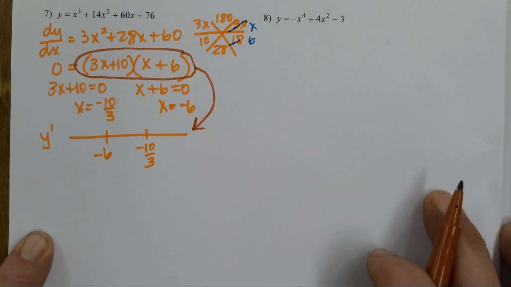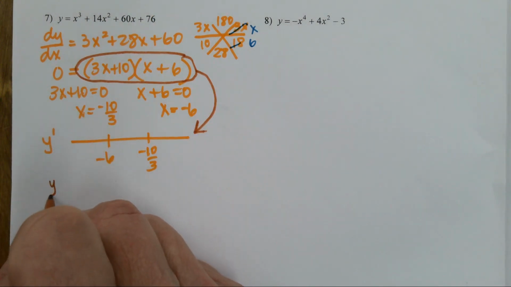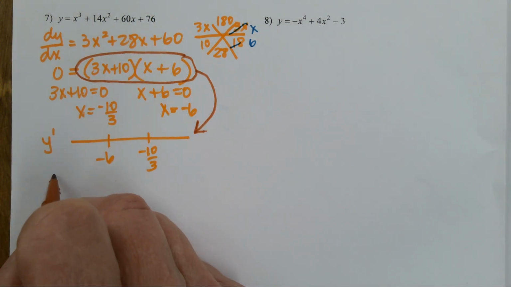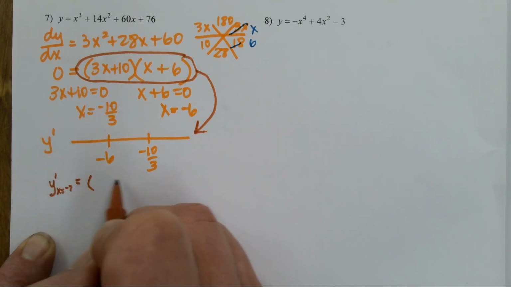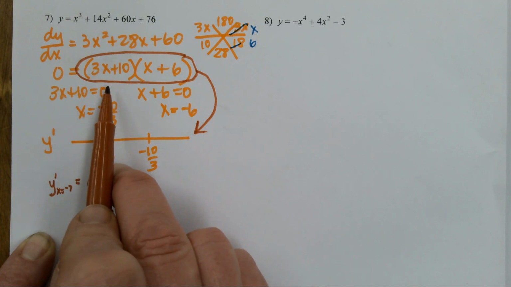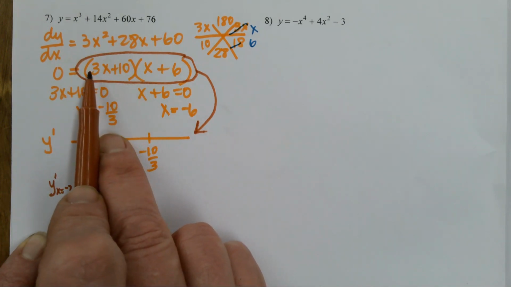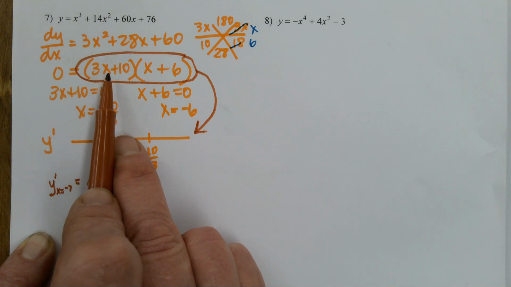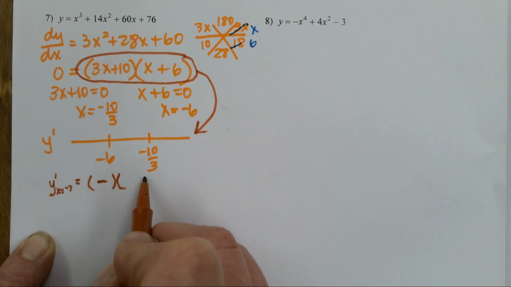I don't typically write down what I'm writing down now, but this is me doing y prime at x equals negative 7. If I plug negative 7 into here, I get negative 21 plus 10, which is a negative value.